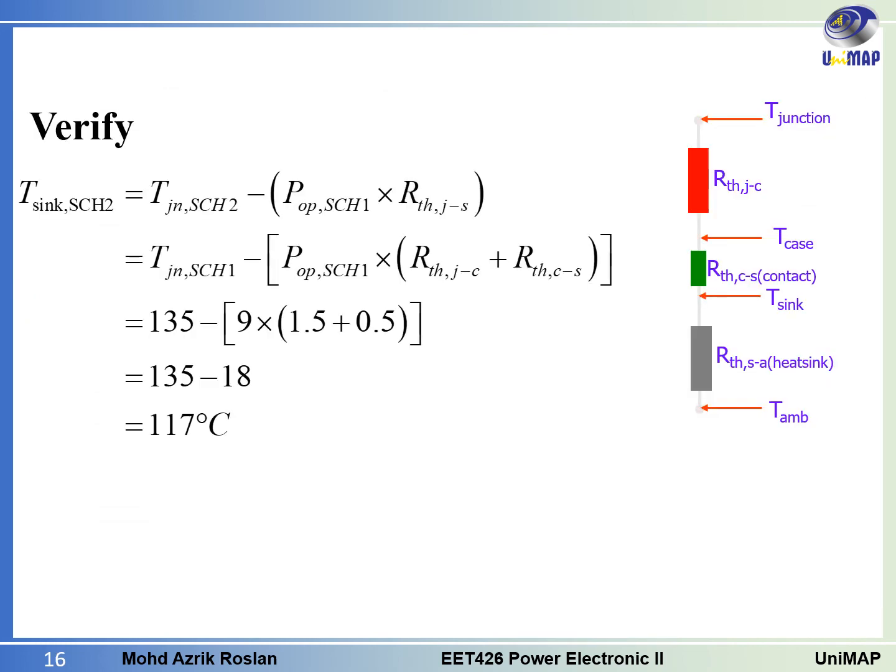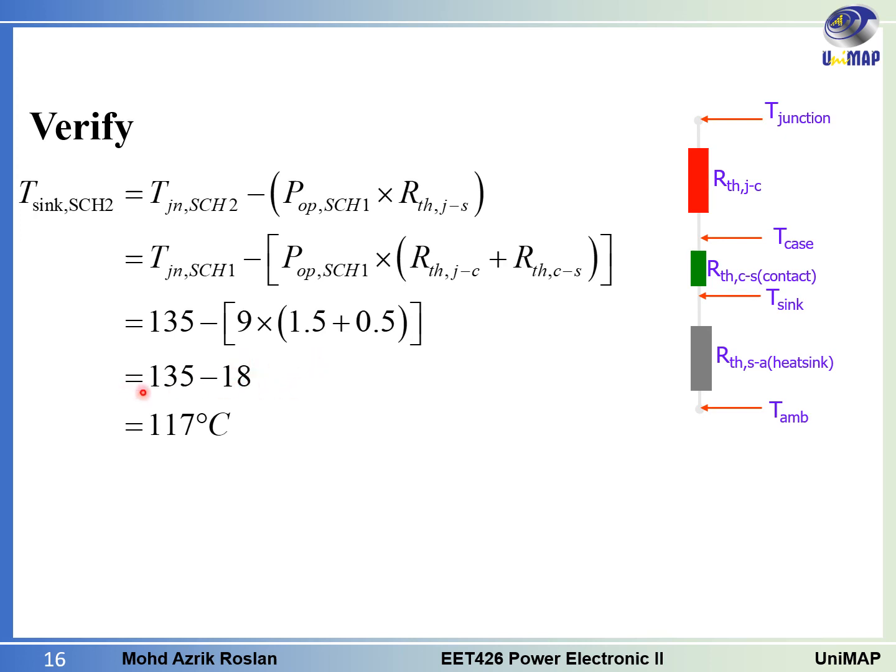So if you want to verify it, this is another way to verify the T-sink for Schottky 2. We have the temperature that we determined by drawing a line just now, which is 135, minus the power dissipated here multiplied by 1.5 plus 0.5, which is 18.